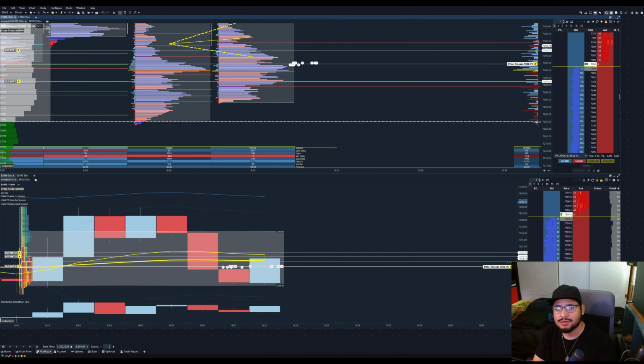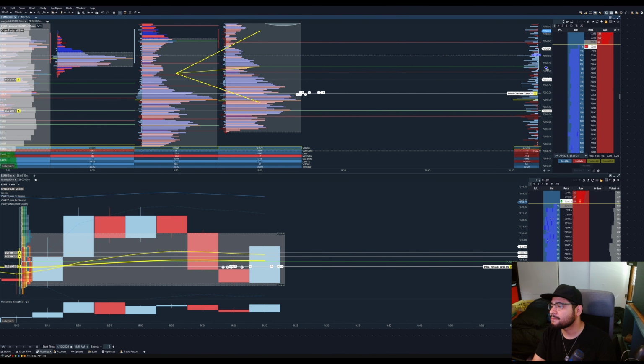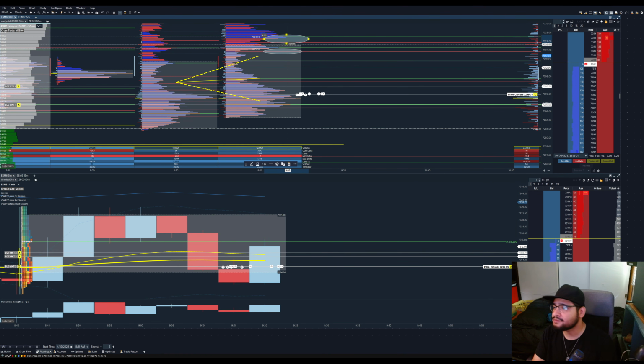Okay. So let's see if we can build some volume here above VWAP. We have some empty space here.